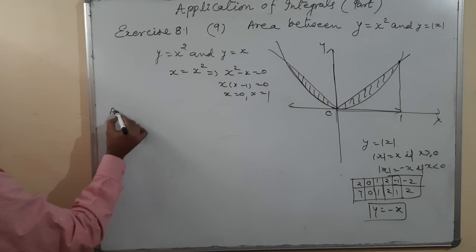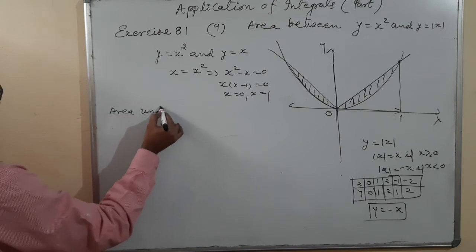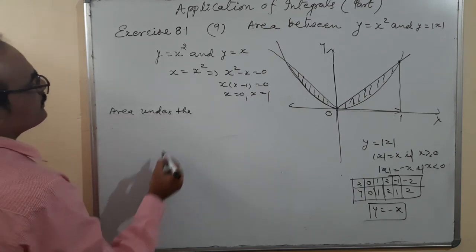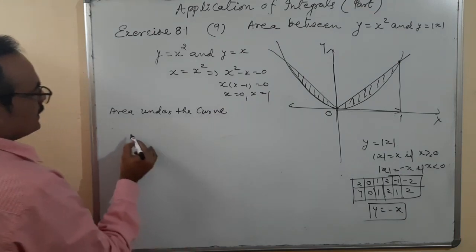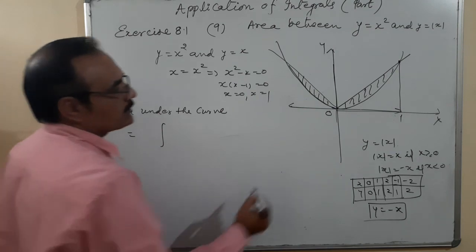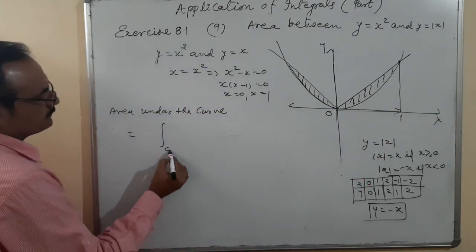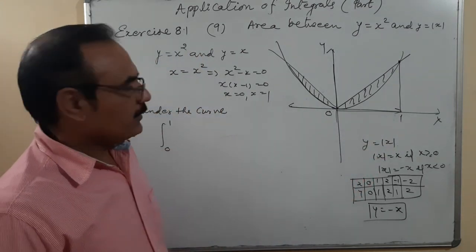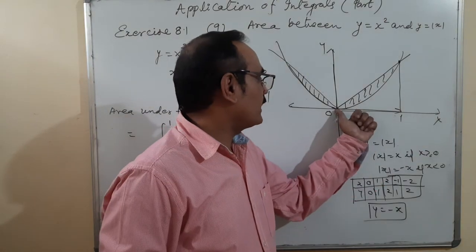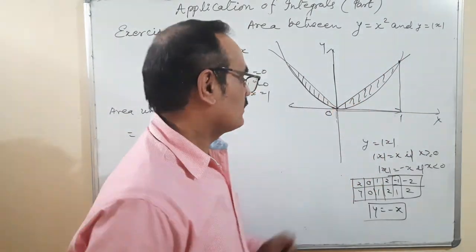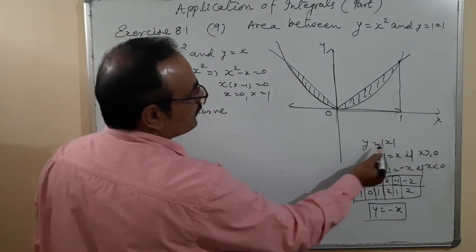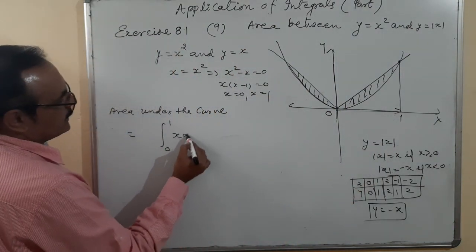So area under the curve is equal to limit 0 to 1. Now I am substituting the equation of that line. What is the equation of the line? y is equal to x, dx.